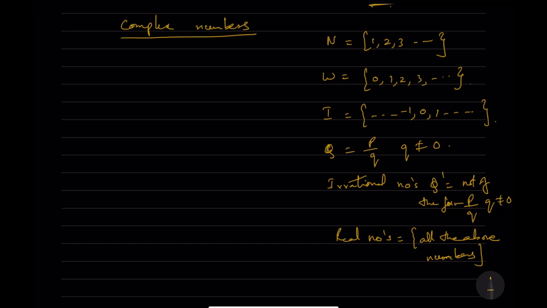It's a combination of all real numbers. Now this complex number is nothing but a combination of a real number and an imaginary number.